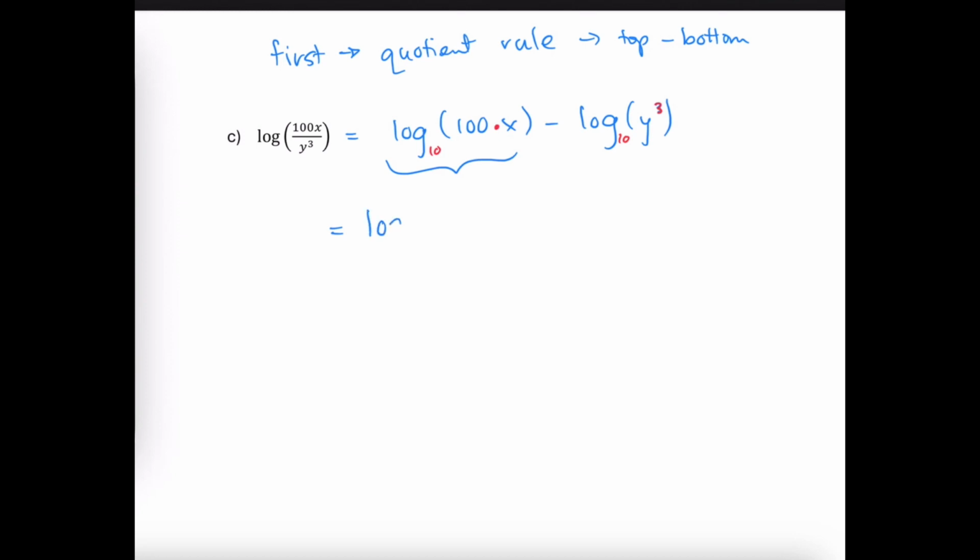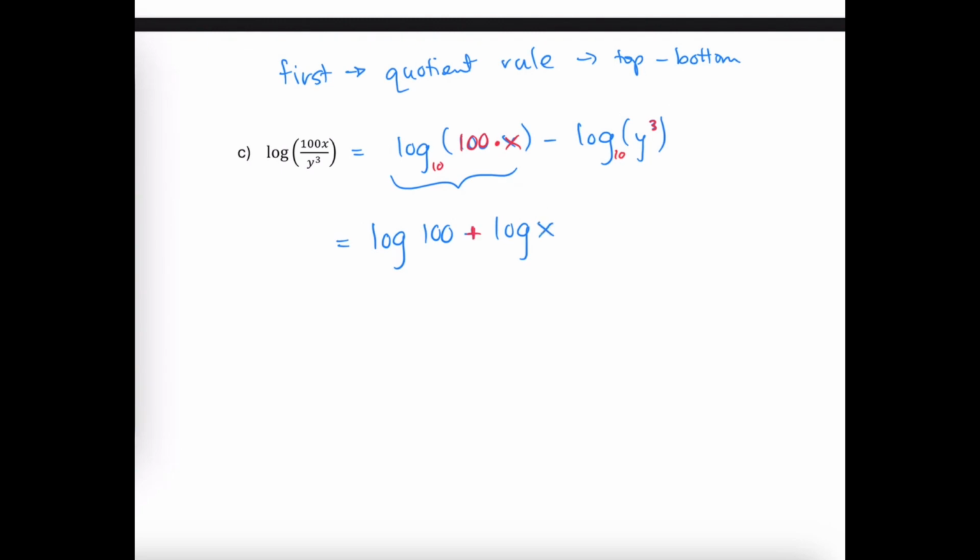So we'll say the log base 10, but we're not going to write the base, of the first factor, which is 100, and then to that we're going to add the log base 10 of the second factor, which is x. So we've expanded the first logarithm based on the product rule, and now we're going to subtract.